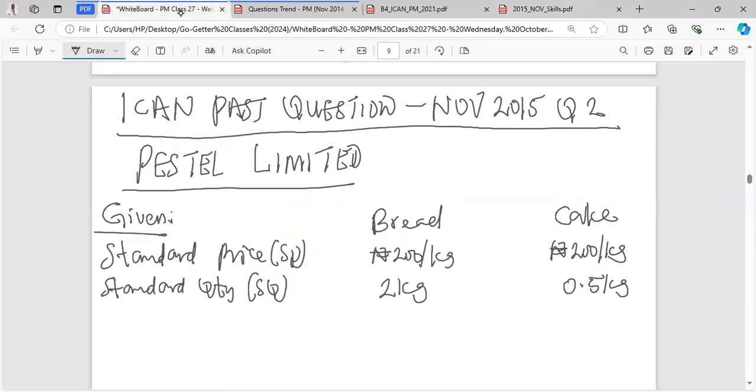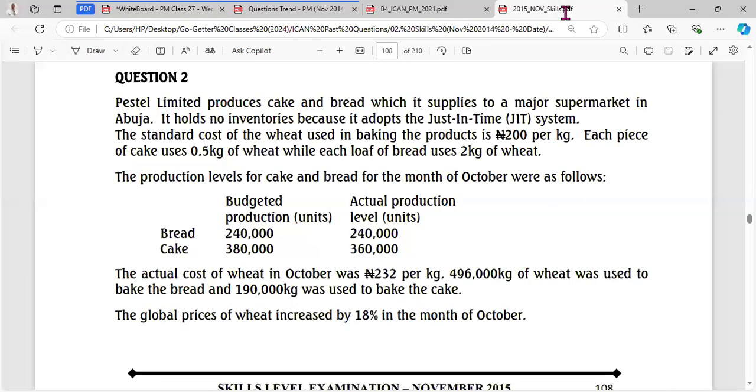So we have our standard quantity, standard price. Given the standards, let's see if we are given the revised. Production levels for the cake and the bread for the month were as follows. Let's go to actuals.